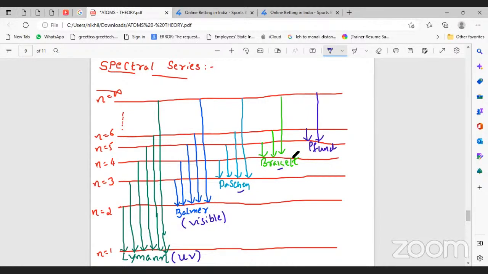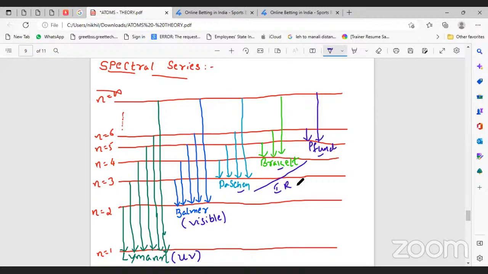These three, Paschen, Brackett, and Pfund, all belong to the infrared region. So please be careful. Balmer series belongs to the visible region, Lyman series belongs to the UV region. The rest of the three, that is Paschen, Brackett, and Pfund series, belong to the infrared region.